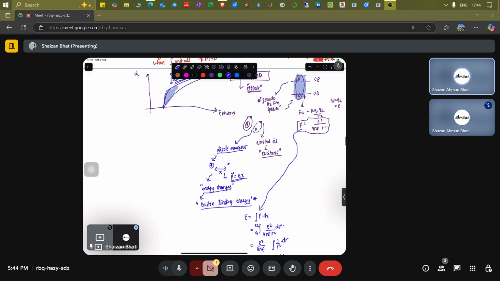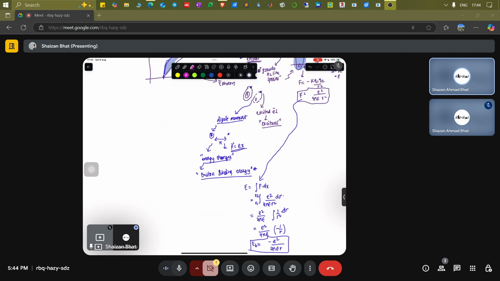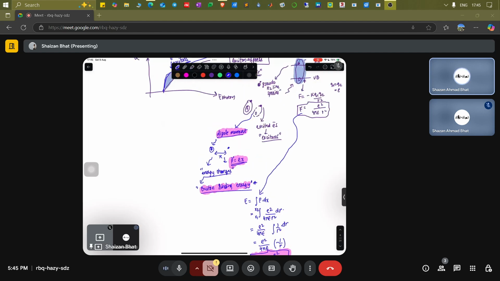You have to consider the binding energy of the excitons as well, because it has a dipole moment associated with it, and that can be added into the total Hamiltonian. So now the overall picture is going to change. That's why there is a certain shift in the absorption edge associated with these excitonic effects.